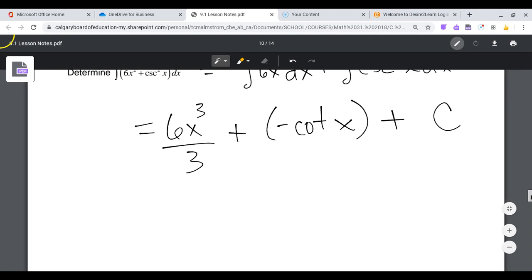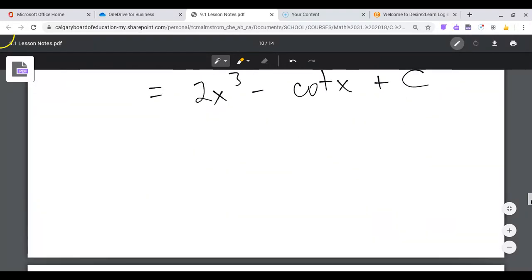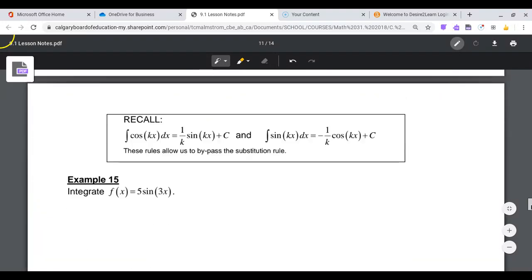And then what could we do to tidy this up? 6/3 is 2x cubed minus cotan x plus c. And that's it. So this trig one, we don't often use the substitution rule on. We just use our little rule from the beginning that we looked at. So this actually allows us to bypass.